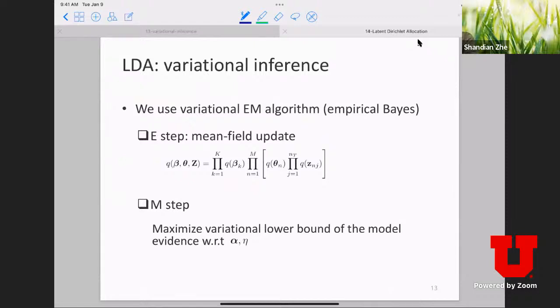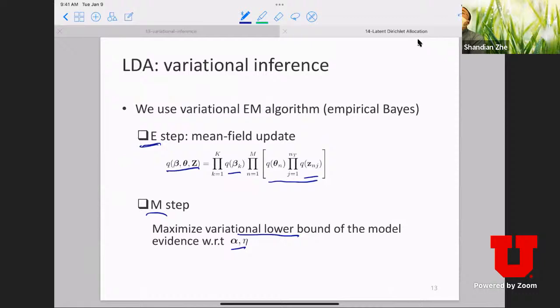We know that in the E step, we update those approximate posteriors. In the M step, we maximize the evidence lower bound with respect to the hyperparameters alpha and eta. And here we use mean field variational inference. That is, we assume Q of beta, theta, and Z is factorized across the topics, across the documents, and across the words.